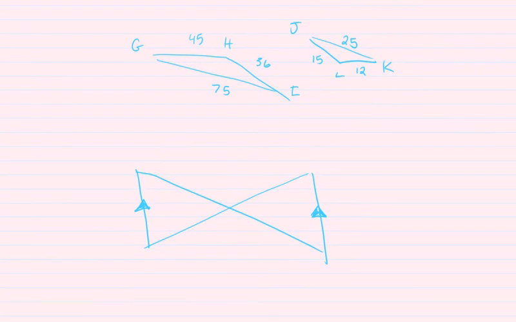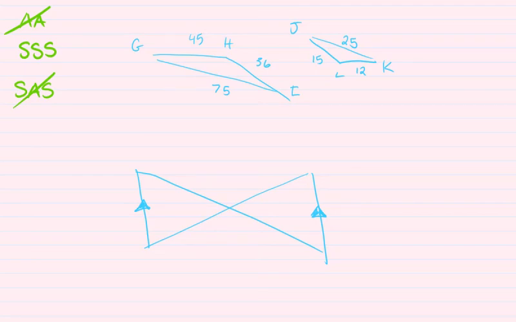So I have three sides for each of these, so I would want to see if I could use side, side, side. Angle, angle is already going to be ruled out, and so is side, angle, side. Why I can rule those two out is because I don't have a single angle. So I want to see if I can set up any proportions.